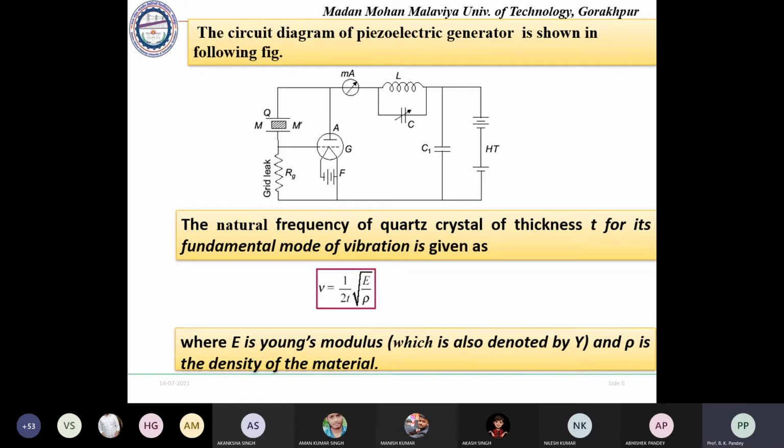Obviously this slice of the quartz crystal will be thrown into a particular vibration, and hence ultrasonic waves will be produced here. This is all the functioning of this particular circuit. The circuit diagram is the piezoelectric one, which we have discussed here.